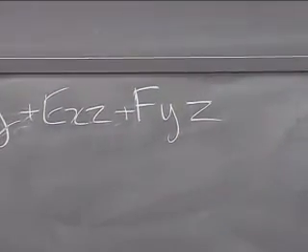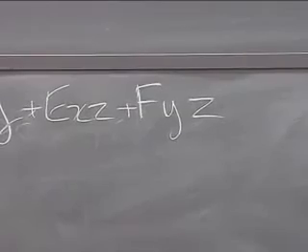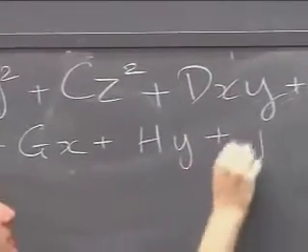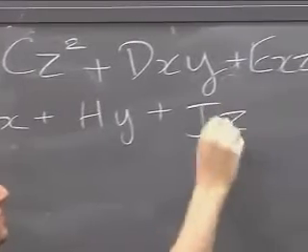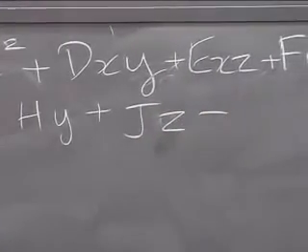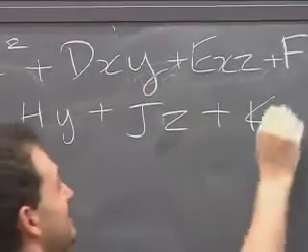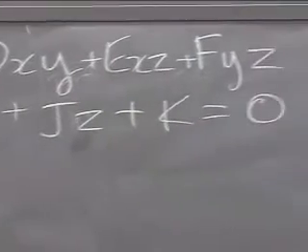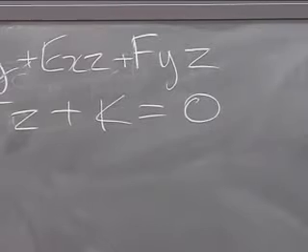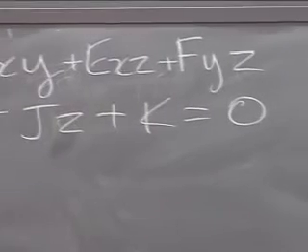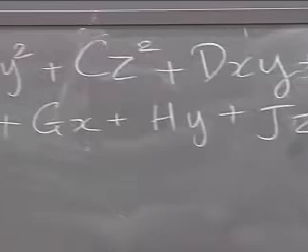But quadratics also have a linear piece. So we need a gx, hy, jz. Yeah. I have a friend who works with jz. There you go. Went to his wedding not long ago. All right, plus k equals 0. So there's a constant term. So that is the general form of a quadric surface.